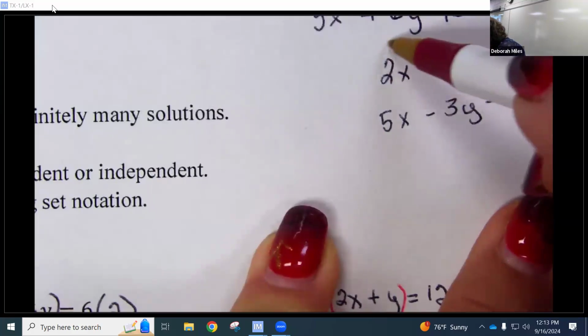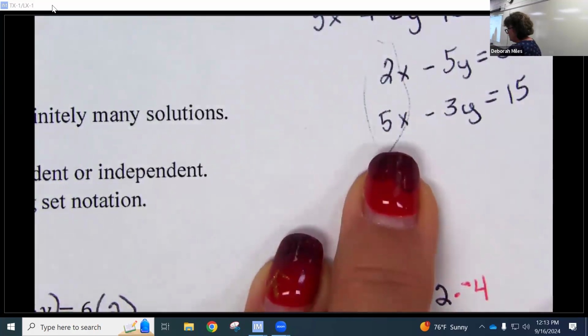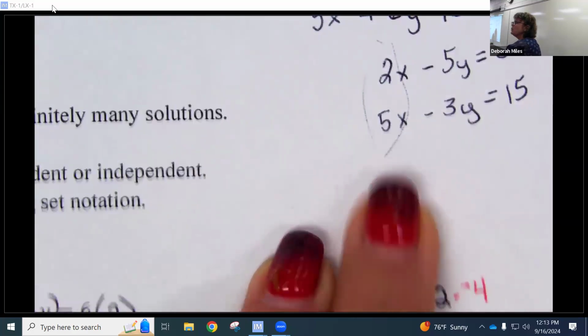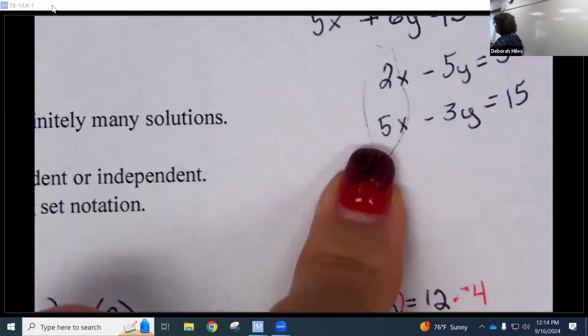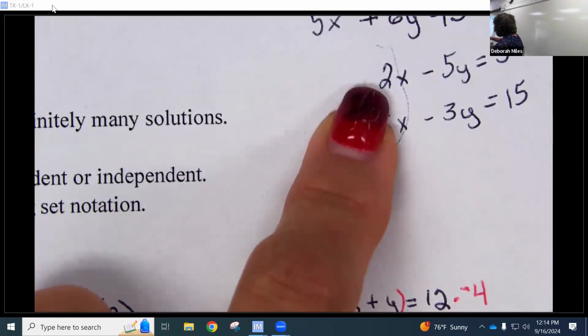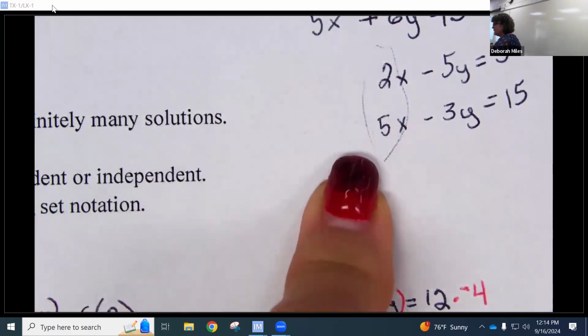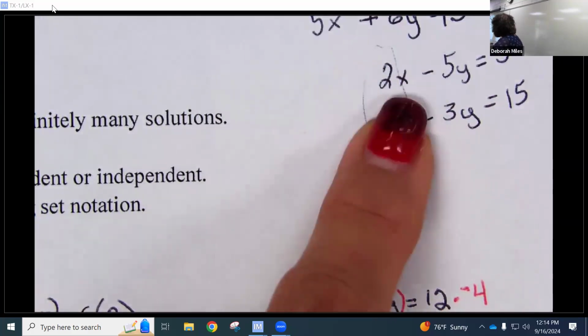What will 2 and 5 both go into? That's what you were saying, the least common multiple. The smallest thing 2 and 5 will both go into is 10. So make one of these become 10x and make the other one become -10x. What would you have to multiply the top equation by to make this a positive 10x?